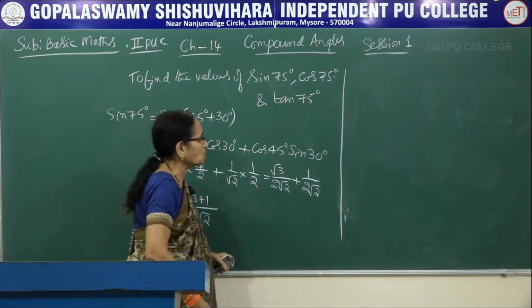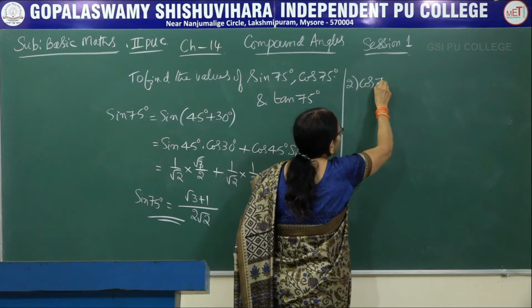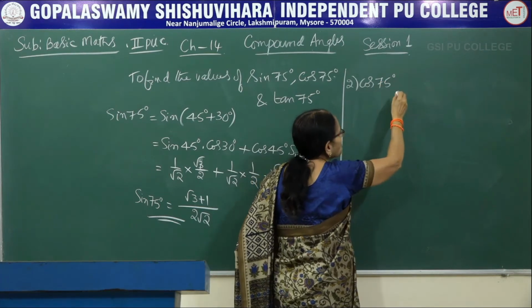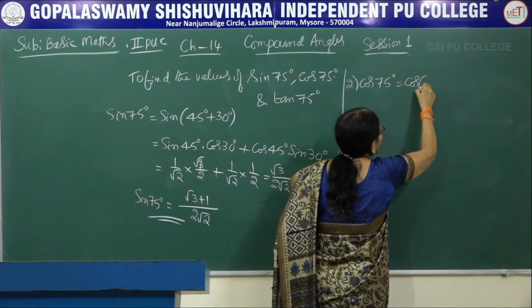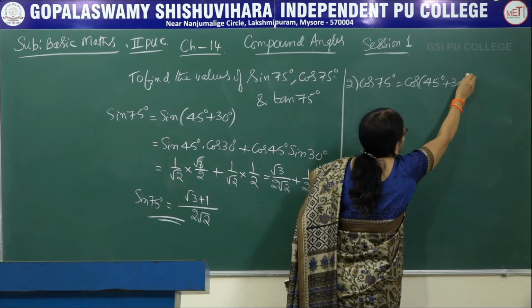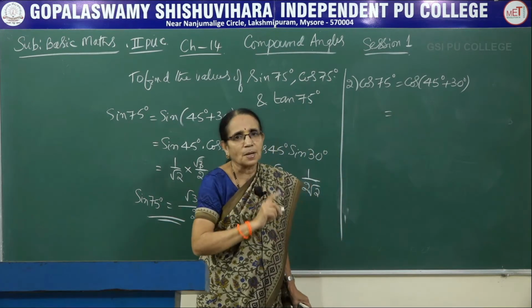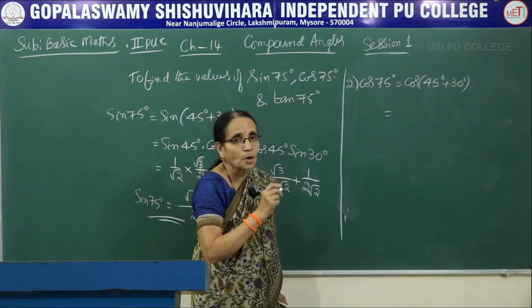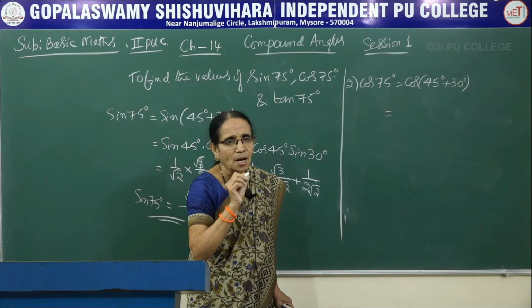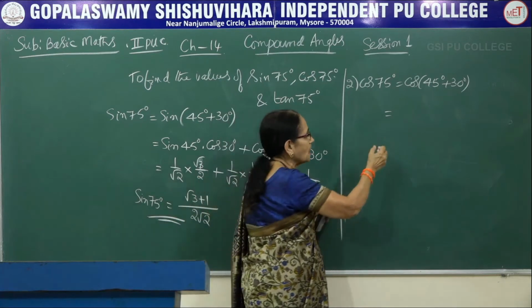Now let me move on to the next one, that is cos of 75 degrees. In the same way I am splitting it, cos of 45 plus 30. Now let me come to the formula cos of A plus B. What does the formula say? Cos A into cos B. We are multiplying the cosine terms of both the angles.